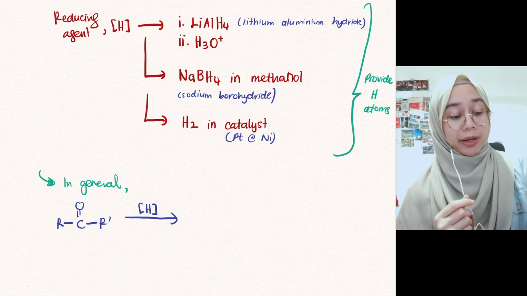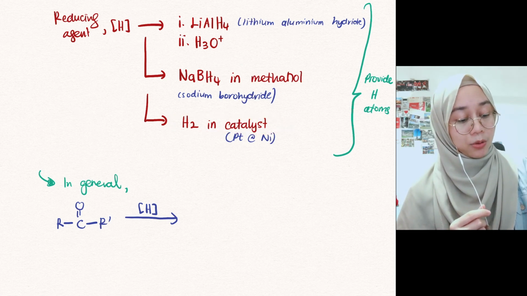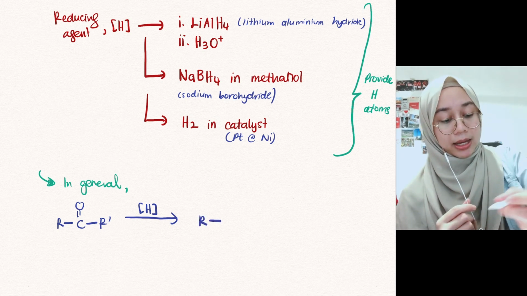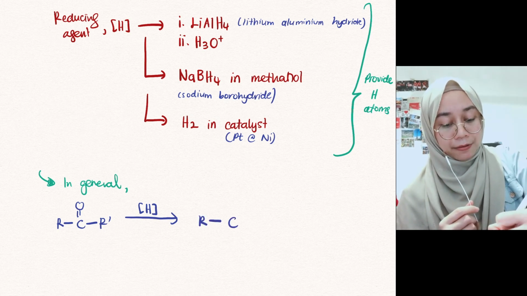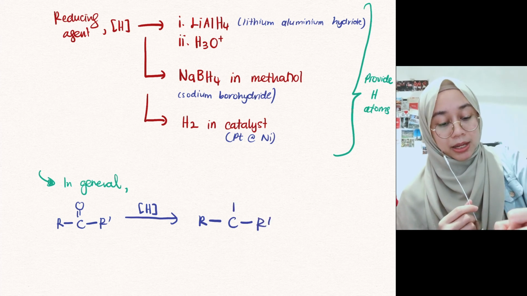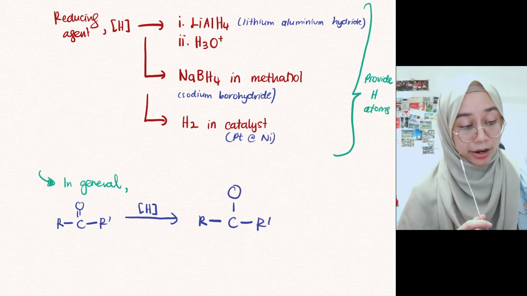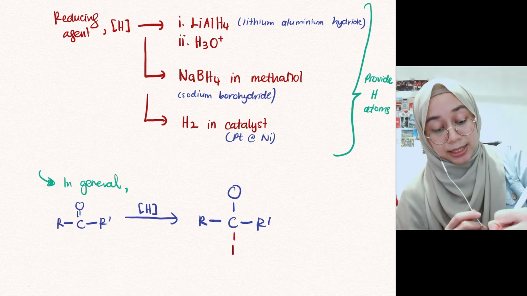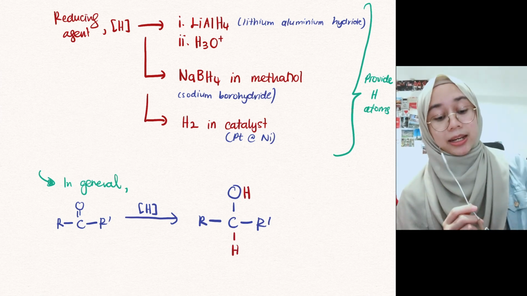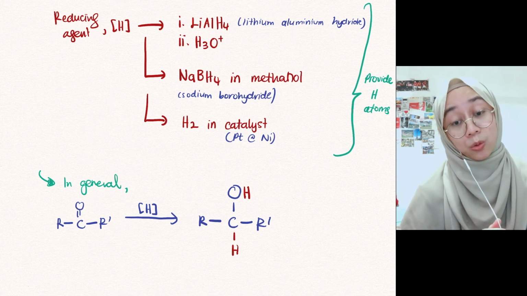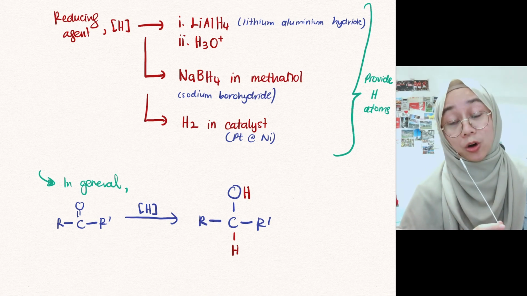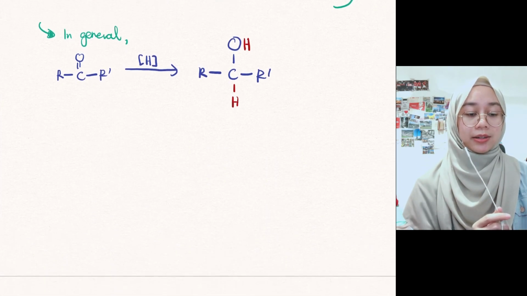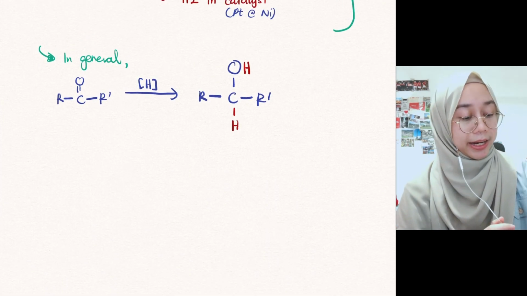Okay, it can be anything kat situ. So apa yang berlaku adalah, salin balik everything except for the double bond, and then kita kasih masuk dekat mana? So satu dekat C, satu lagi dekat kita punya O. So dapatlah alkohol.